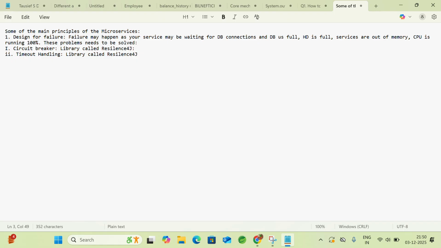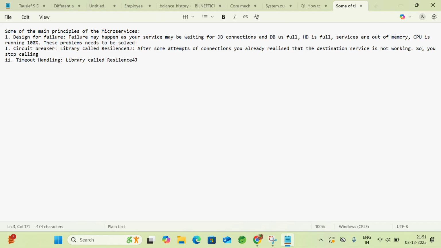Let me write it over here itself. After some attempts of connections, if you have already realized that the destination service is not working, you stop calling that service, and rather directly assume failure and process it like a failure at your end.